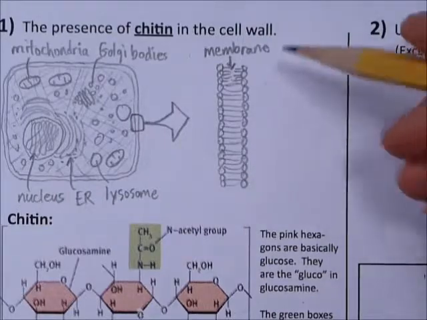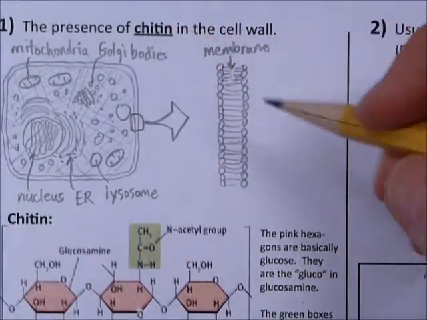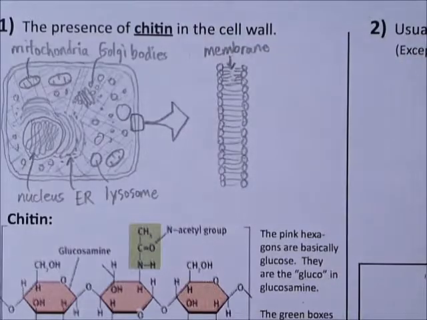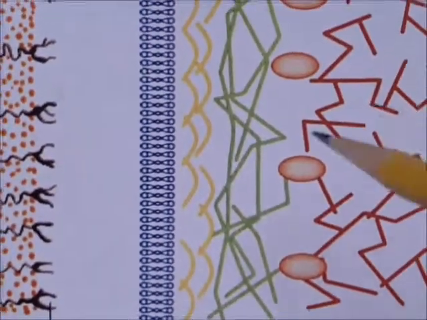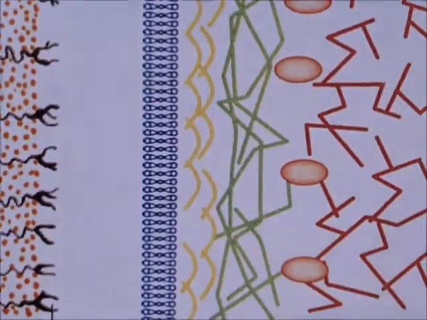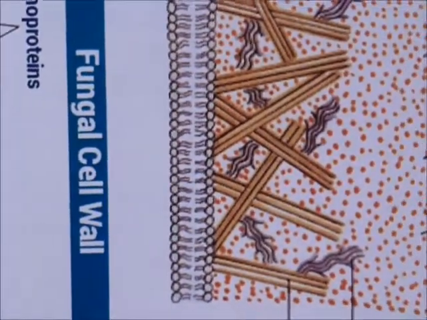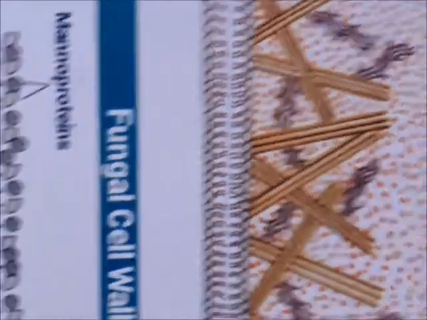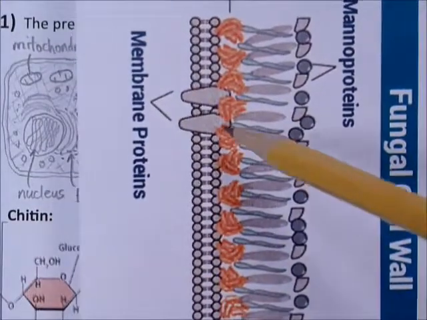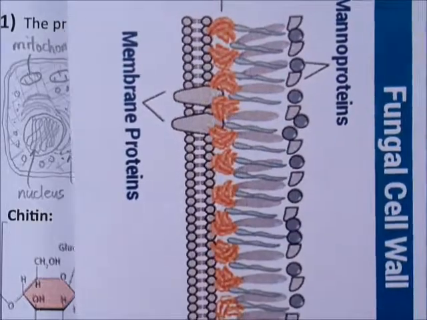Then the next part right here is where we find this chitin. Now let's show you how some other artists did it. This guy did chitin as little yellow thingies, and this person did chitin as something in here. I'm not sure which one is supposed to be chitin. This person made it as these little orangey blob things. So you know what?